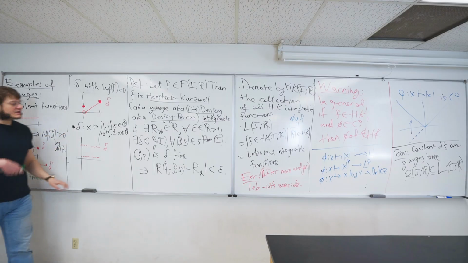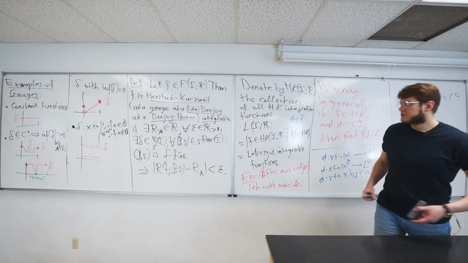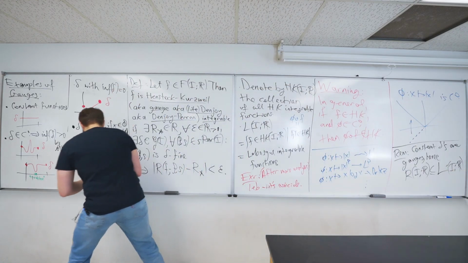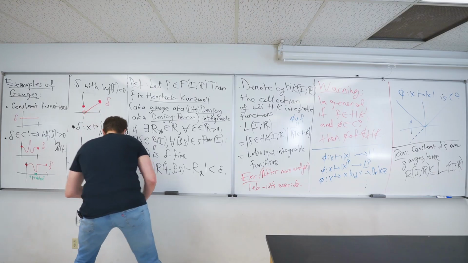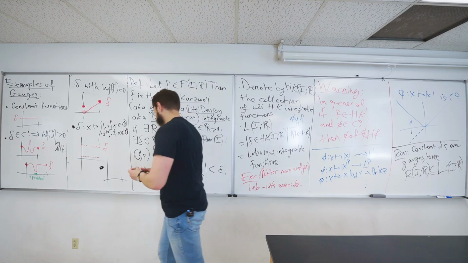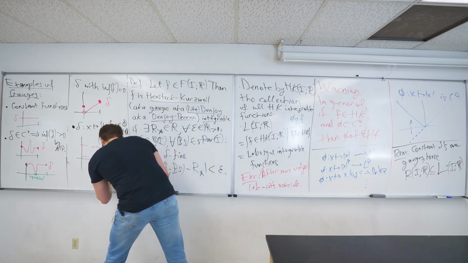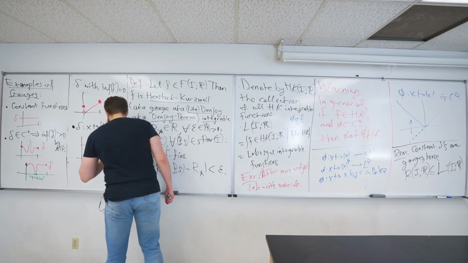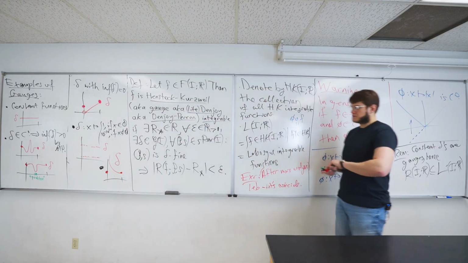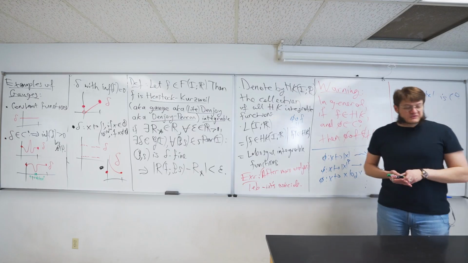It could also be unbounded, like 1 over x. Here's another example. Imagine this is like this, and then it's like so. That's a delta that is admissible. All of these are admissible gauges.